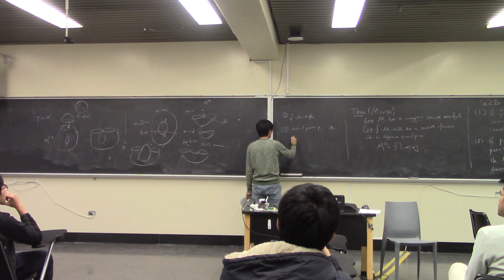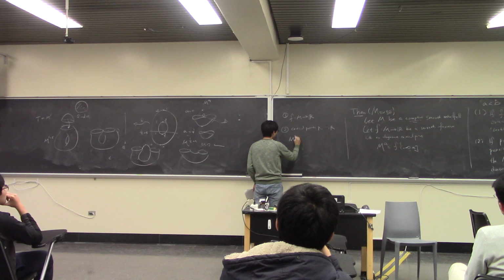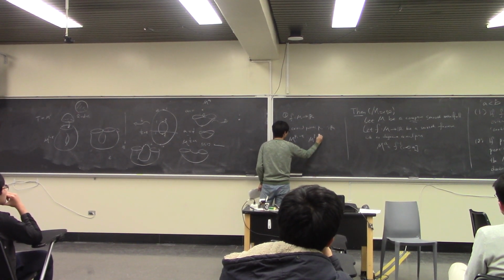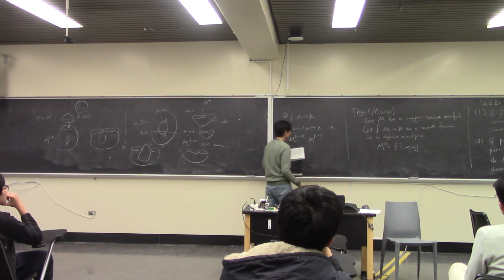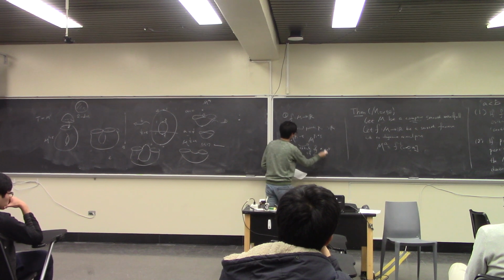Then you analyze how the portions of the manifold, that is M_{p_i minus epsilon} and M_{p_i plus epsilon}, vary. Morse lemma tells us that these things vary by attachment of a cell of dimension k, where k is the index of the critical point p_i.